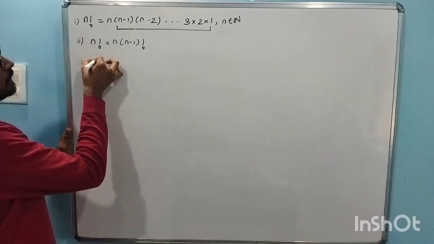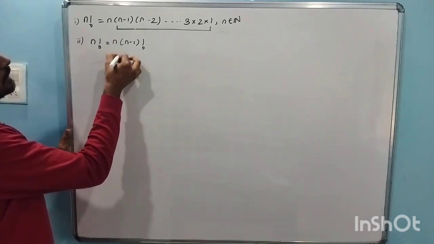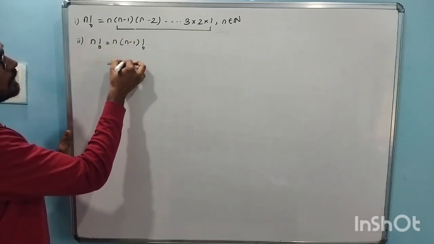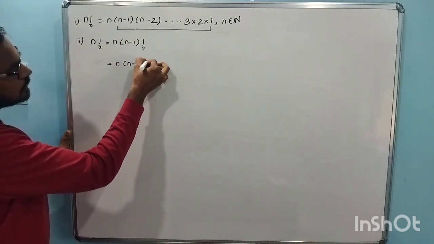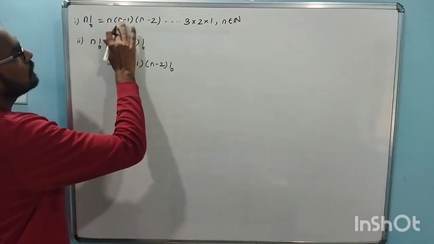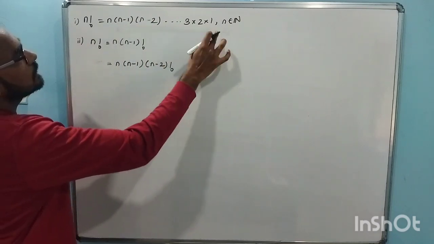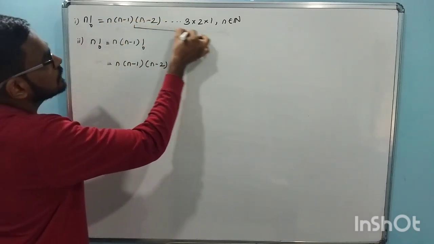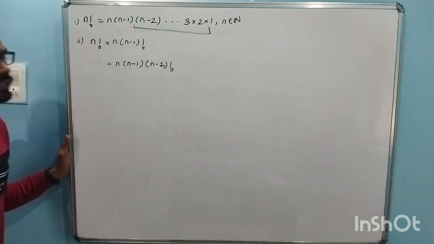That means we can simplify further like this. See, n minus 1 factorial, using this formula only, will be n minus 1 into n minus 2 factorial. Look here: this part is n minus 1, and this much is n minus 2 factorial.